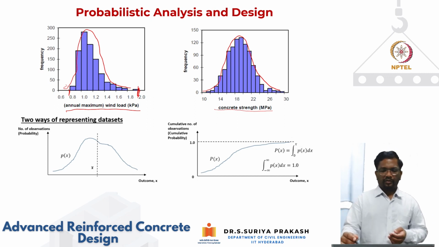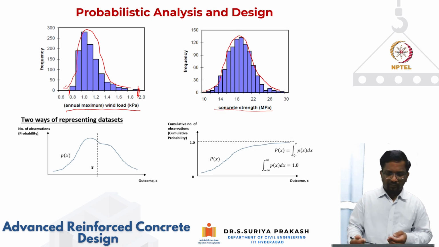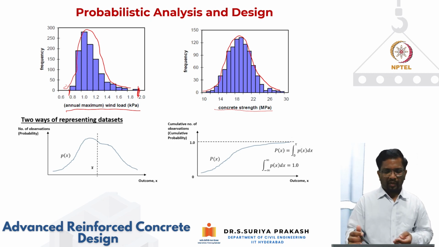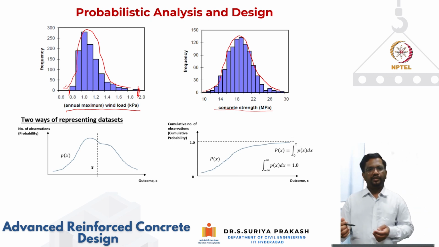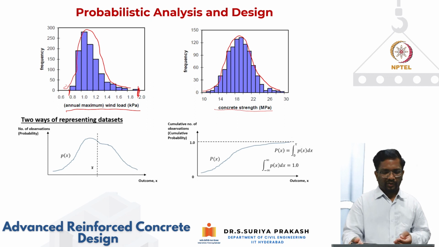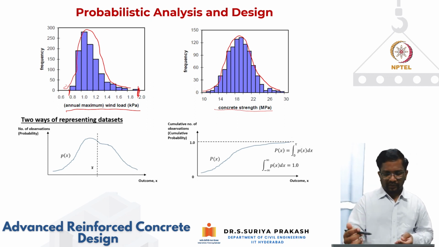So there's going to be variability both in load effects as well as in strength. Now, we need to consider this variability. There are two ways of representing these data sets. Either I can take the frequency, or the number of observations, or the probability of a particular occurrence.